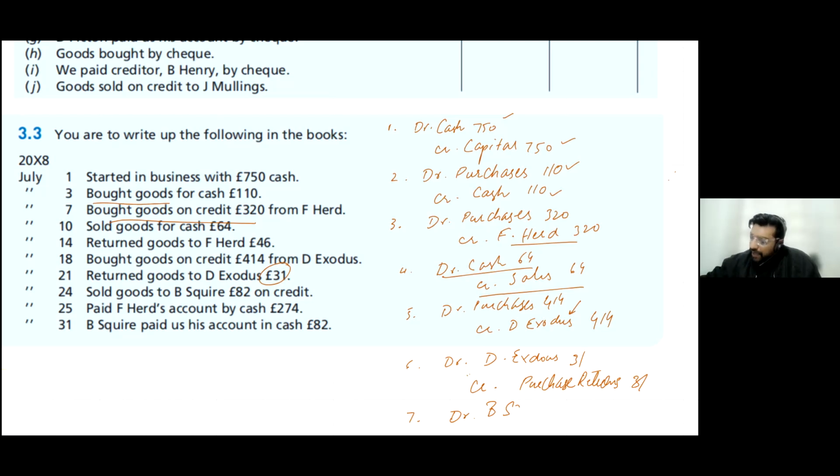So the entries for this are going to be debit F Heard and credit purchase return.